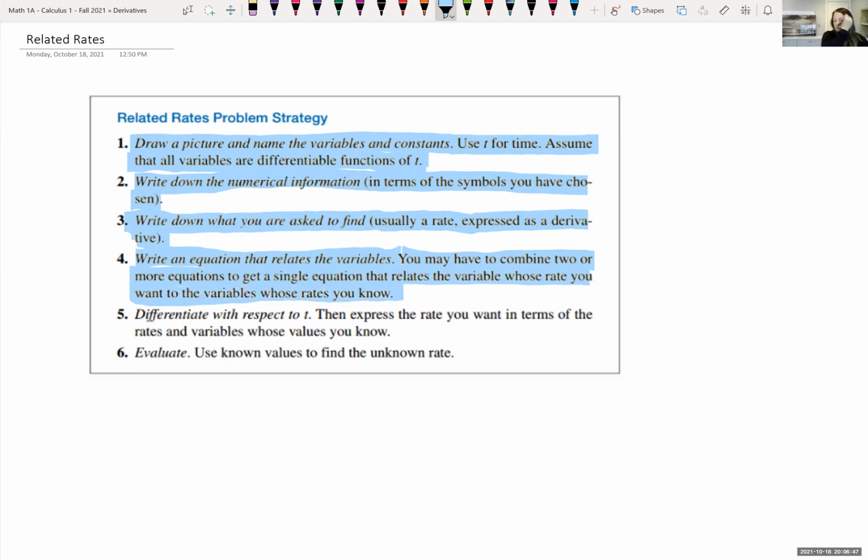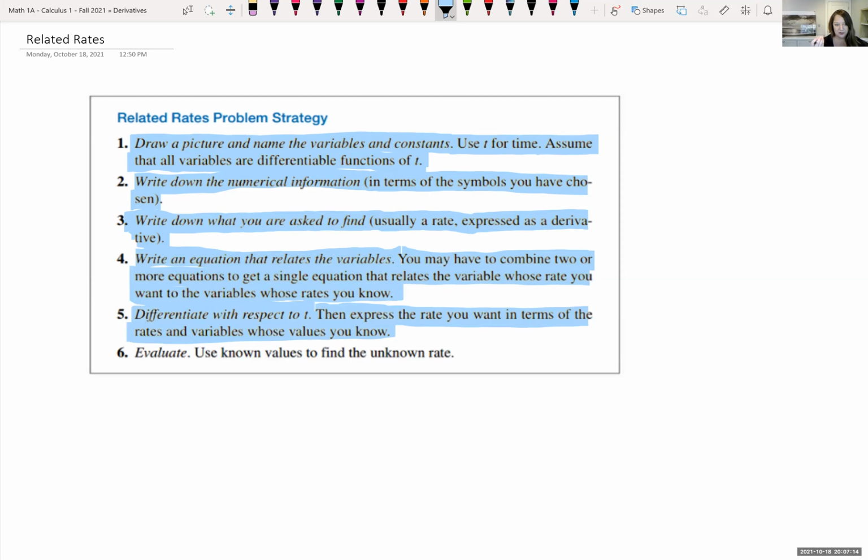We might have multiple equations. We might have to do the substitution method, solving for one variable and plugging it back into the other equation. Once we've gotten this all set up, we're going to differentiate both sides of our equation with respect to time. Then we're going to express the rate you want in terms of the rates and variables whose values you know.